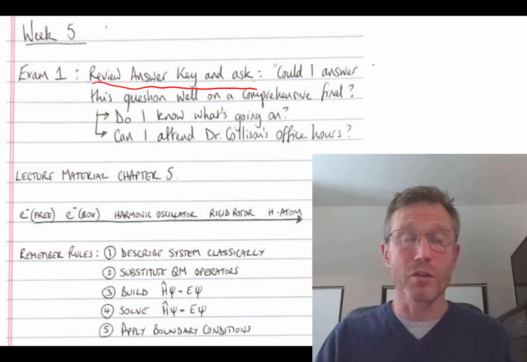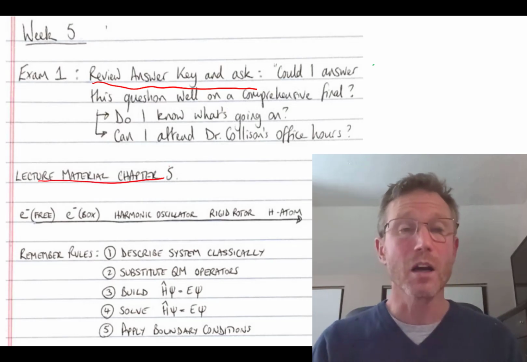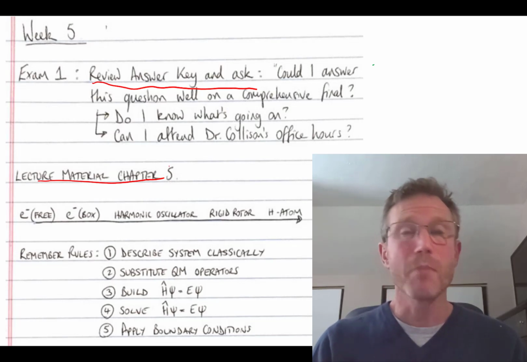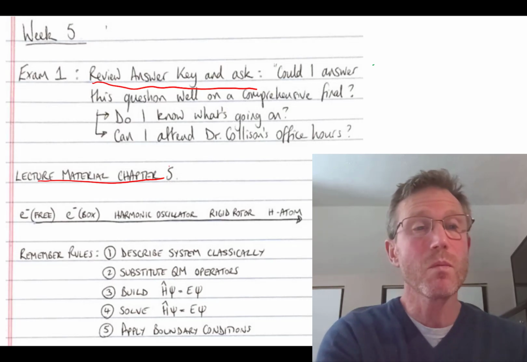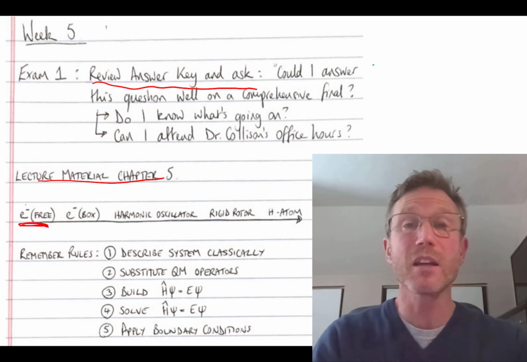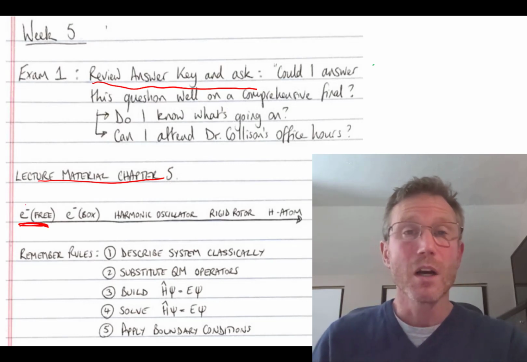So moving on to what we're going to be talking about in week 5 and the new material. In this particular week and a half, we're going to be talking about the harmonic oscillator. When we think about the path that we've taken, we started right at the beginning thinking about a free electron.